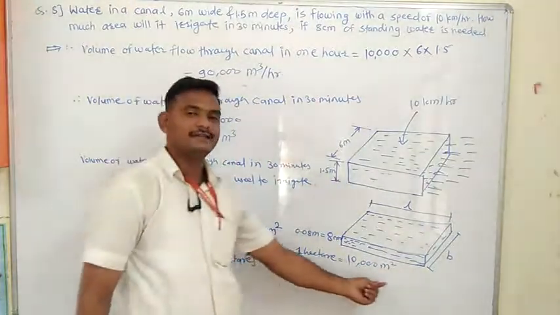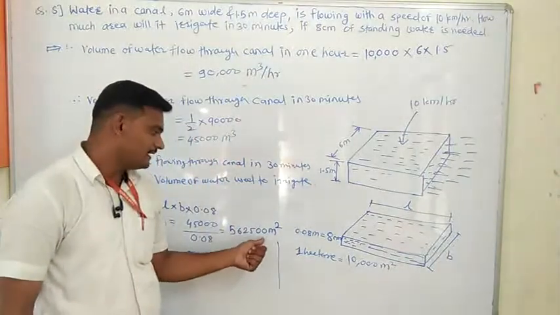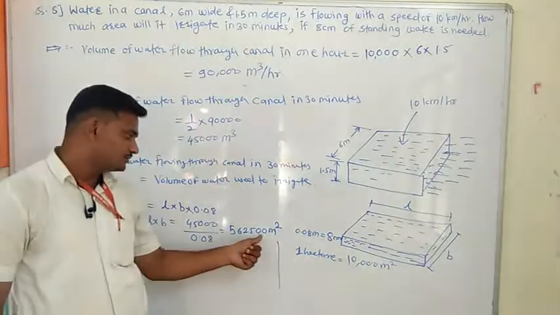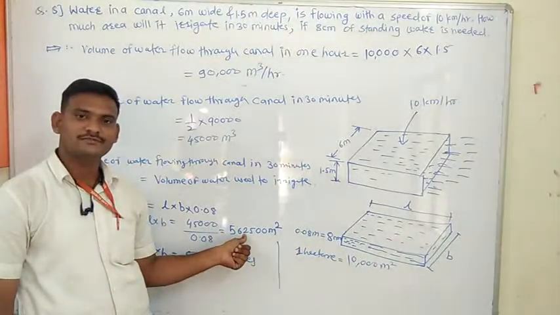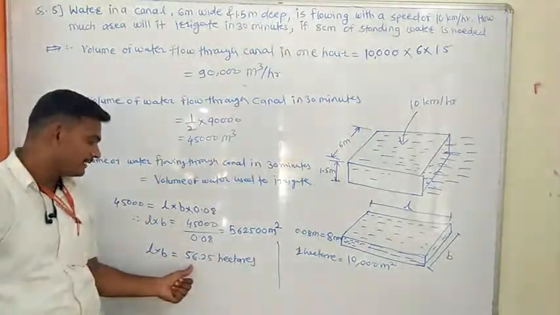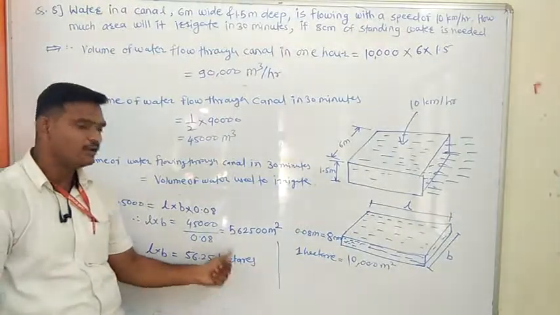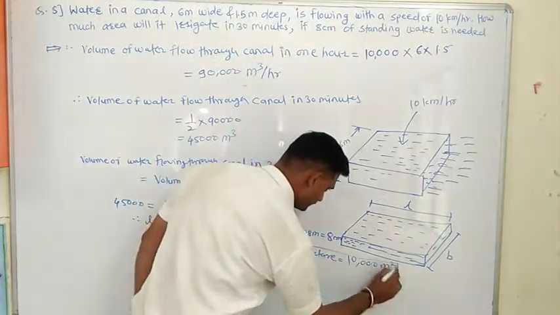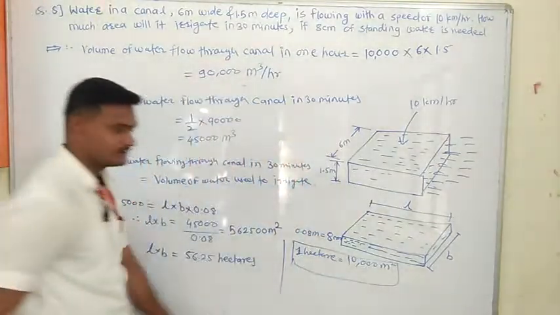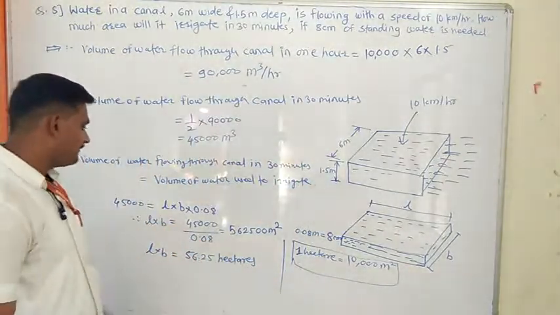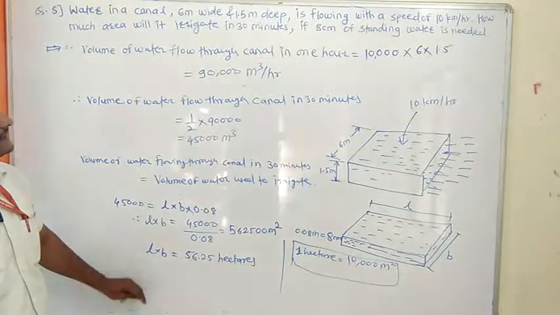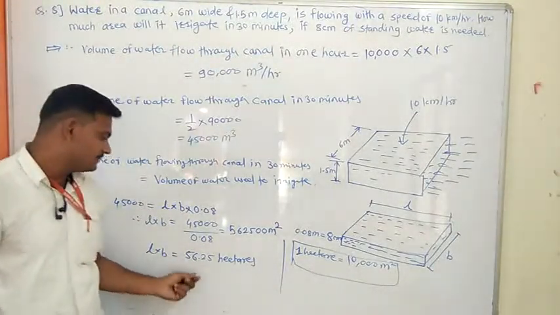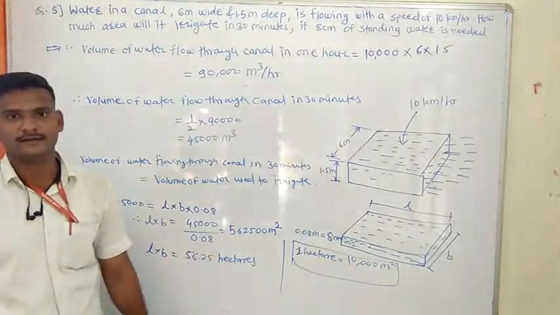If we take this much meter square, then it is equal to how much? 1, 2, 3, 4. After 4 digits, we have to put the decimal point. Therefore, we get here 56.25 hectares. Okay? Remember this one because this is used for conversion. Therefore, write one sentence below this: area irrigated is 56.25 hectares.